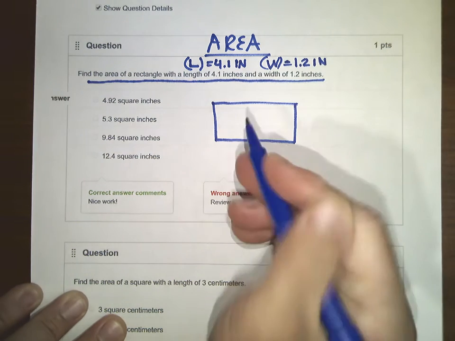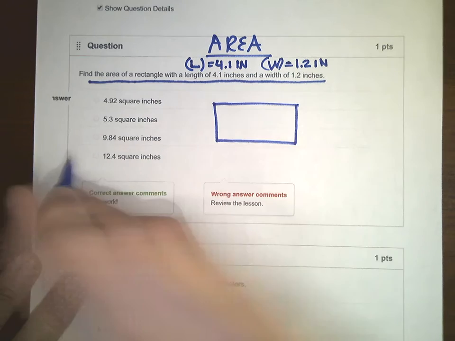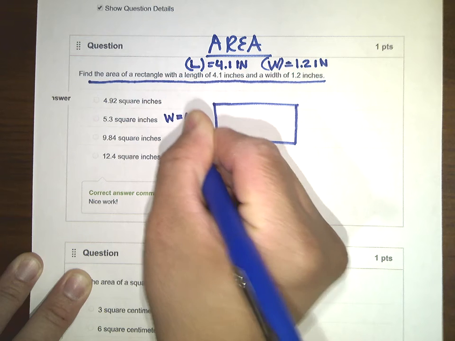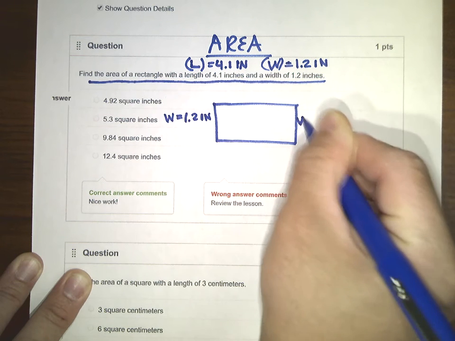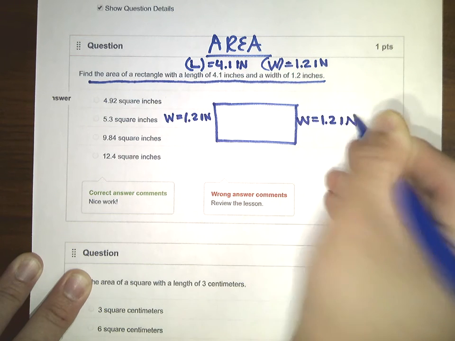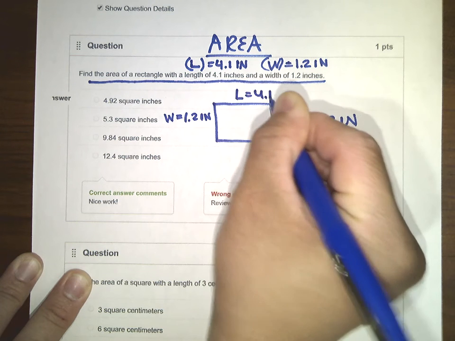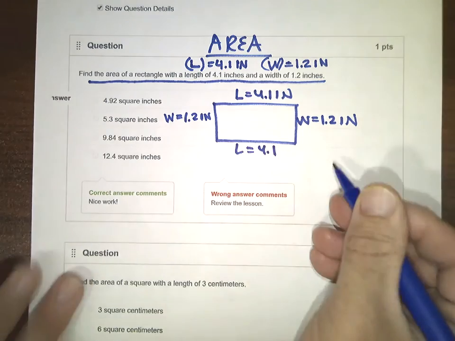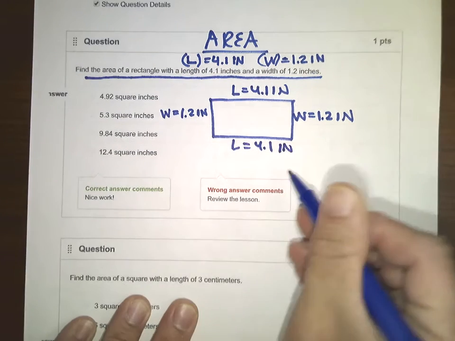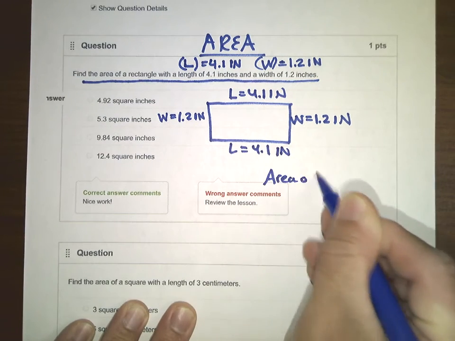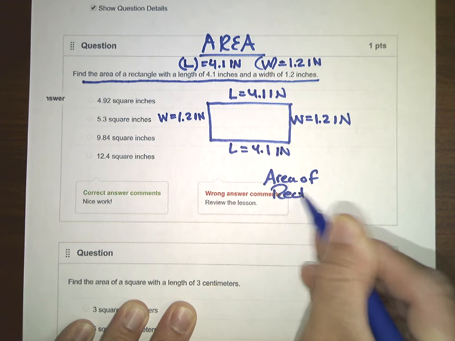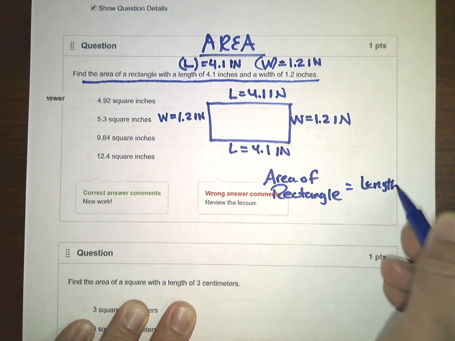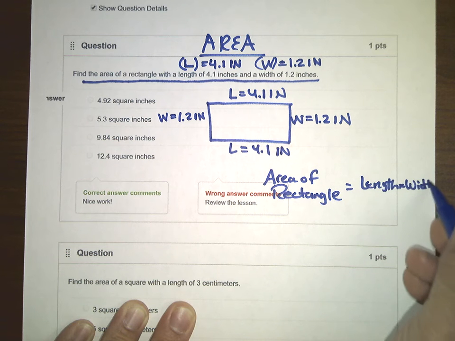All right, so of course, again, this is not drawn to scale, so I'll just call this one over here the width, so 1.2, and length 4.1. And now if I want to find the area, well, the area of a rectangle is just going to be the length of the rectangle times the width of the rectangle.